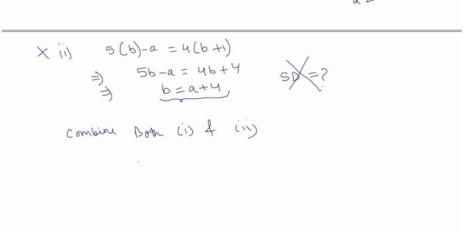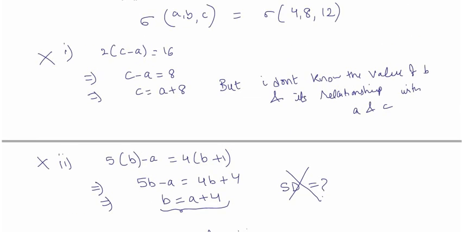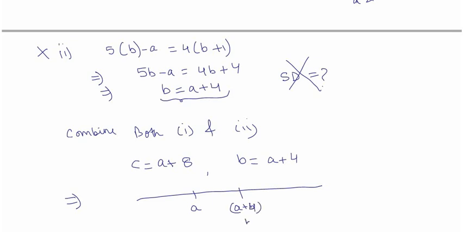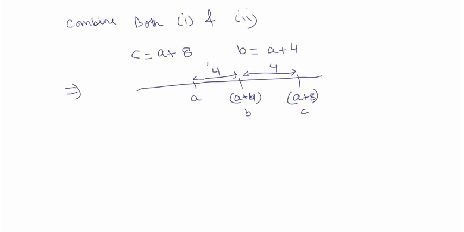So we have c is equal to a plus 8 and b is equal to a plus 4. This means that if I try to plot it on a number line, this is a, this is a plus 4, which is nothing but b, and this is a plus 8, which is nothing but c, and the distance between them is 4 units. Okay, now there are two ways of solving this question.